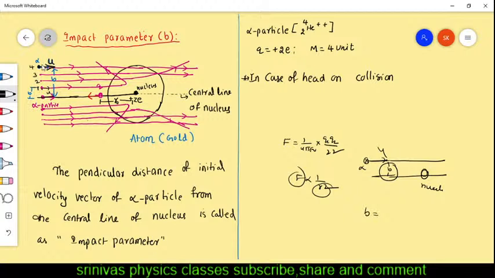Here b is less, but for the fourth alpha particle, its initial velocity distance from the central line is more. That means when you go away from the central line, the impact parameter increases. Are you understanding, students? Is it clear?